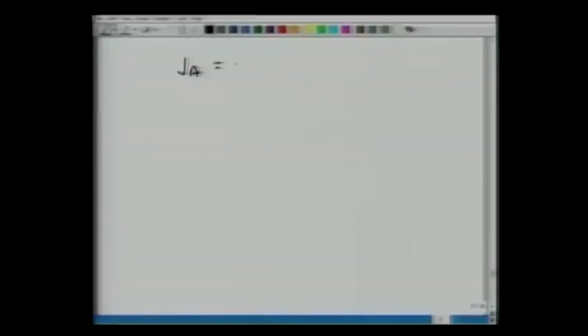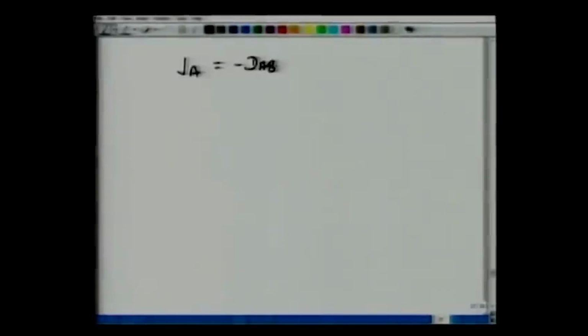If you look carefully at these equations, Fick's first law, we wrote J equals minus DAB dC over dz. So the unit of J is moles per second per meter square, Ca is moles per cubic meter, and DAB is meter square per second.